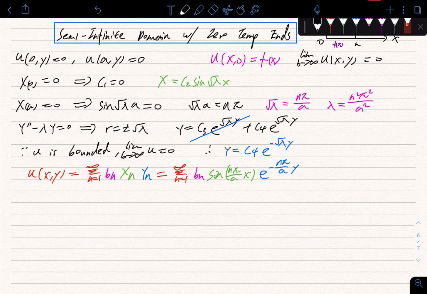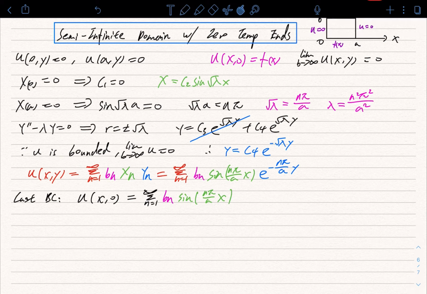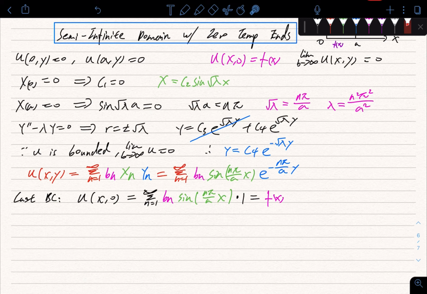Okay, let's turn our attention to the last boundary condition. So u(x, 0) equals the infinite series, n equals 1 to infinity, of bn sine(n pi x over a), and because y equals 0, the exponential term reduces to just 1, so that equals our f(x) in our boundary condition.